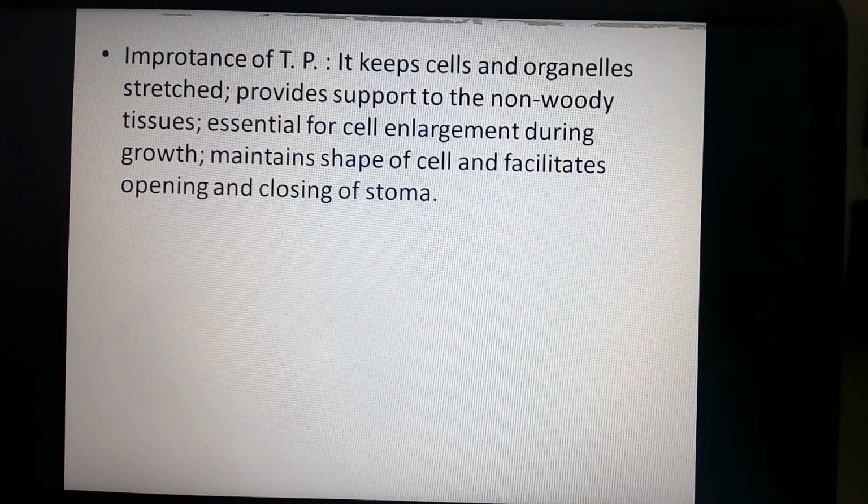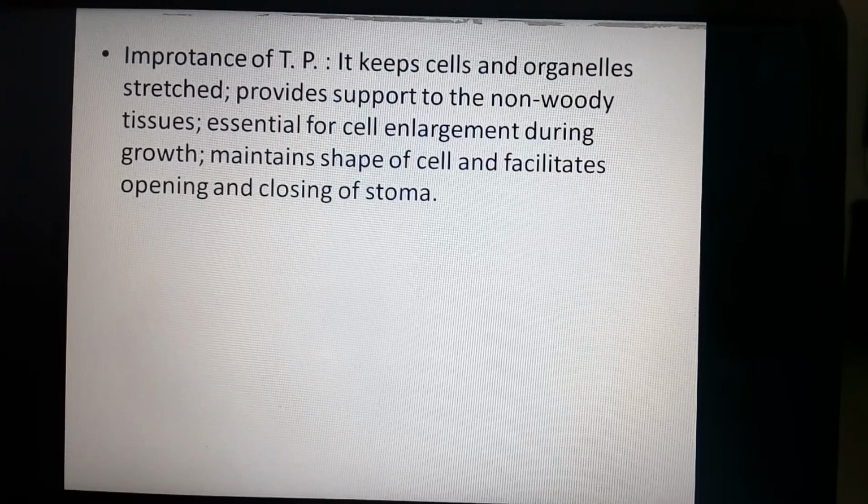If they remain in a stretched form, automatically it is helpful for providing support to the plant body in a young stage, or the plant body which does not show a woody appearance. It is also helpful for cell elongation during the process of growth.